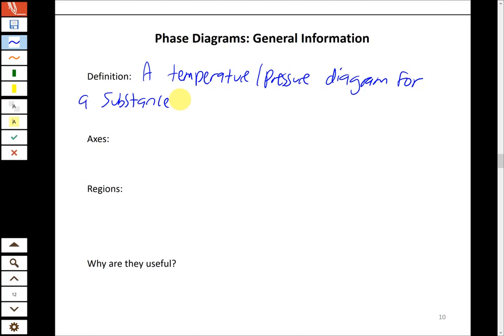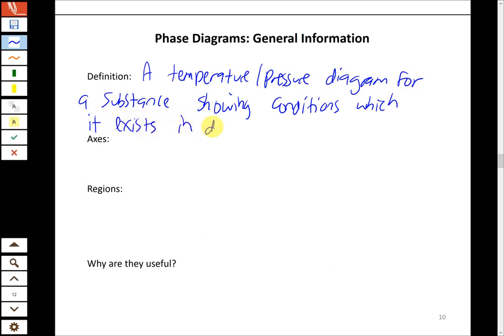So it's a temperature pressure diagram for a substance, and it shows the conditions under which it exists in different phases. So at any given temperature and pressure, you can consult the diagram and figure out which phase exists, or is it a mixture of phases, if it's right at the phase change conditions, and so on.